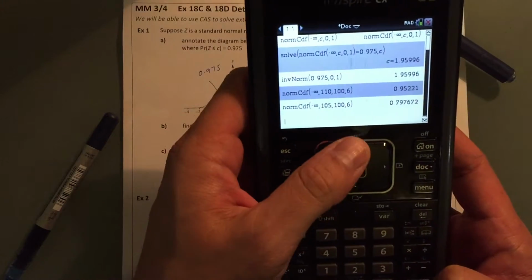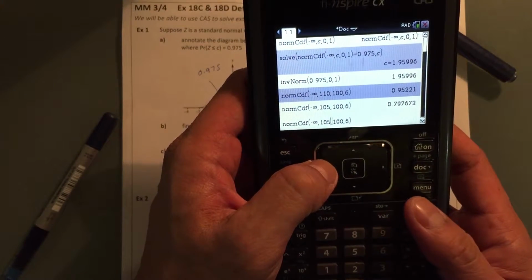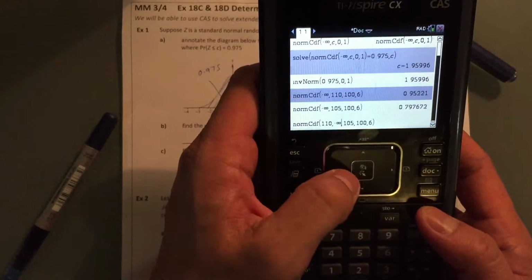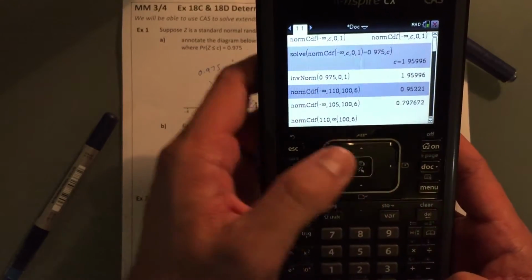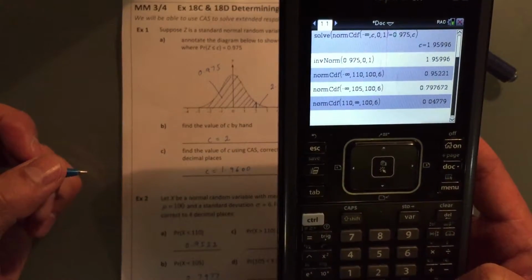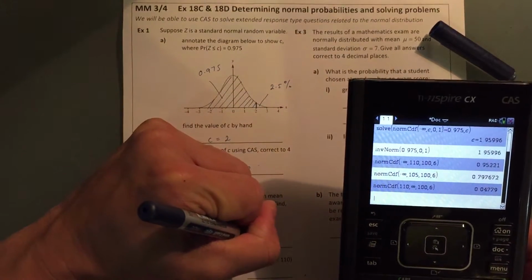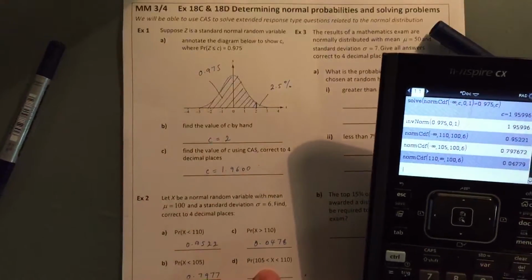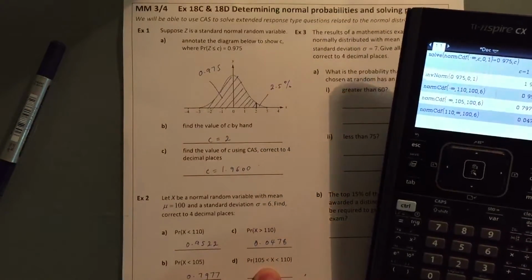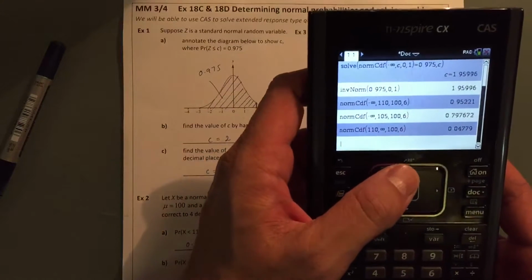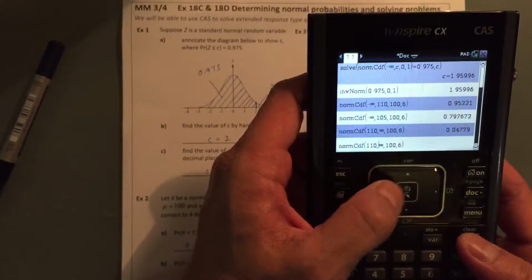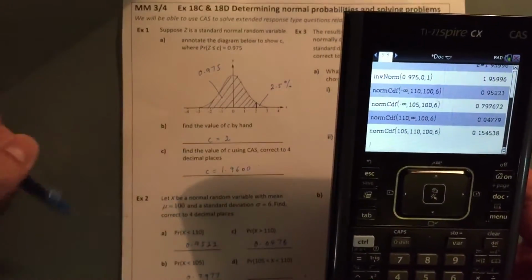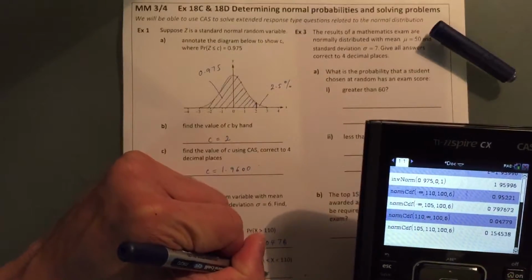Greater than 110. Instead of going to the form, I'm just going to do it here. So this is from 110 to infinity. 0.0478. And finally between 105 and 110. 0.1545.